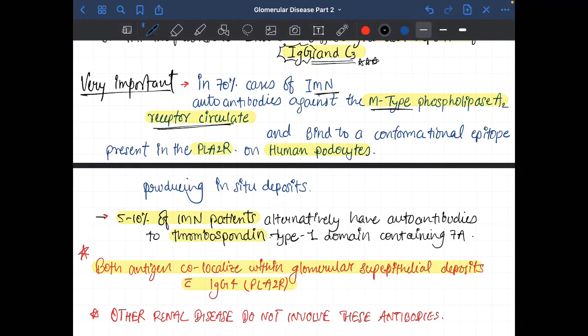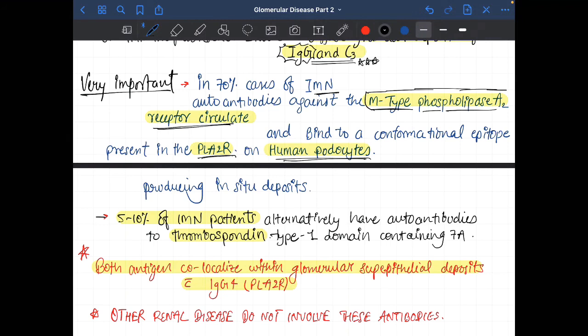So, this is a very important board exam question. There are antibodies against the M-type phospholipase A2 receptor and they bind to a conformational epitope present in the PLA2R on human podocyte.